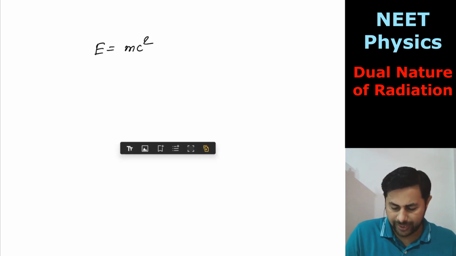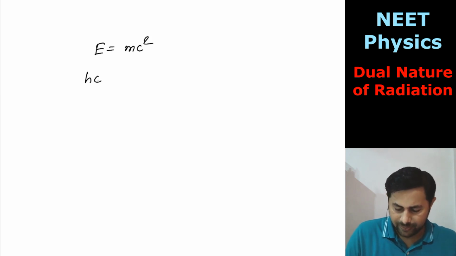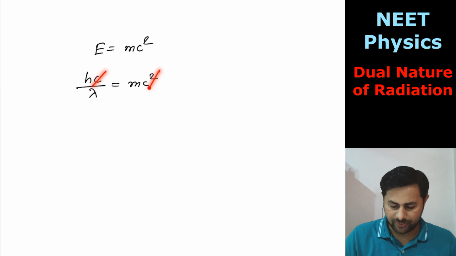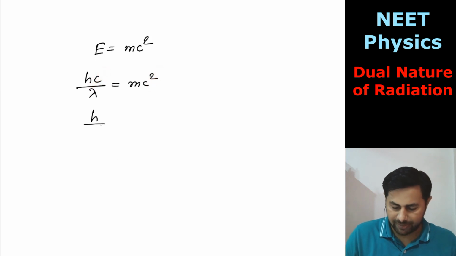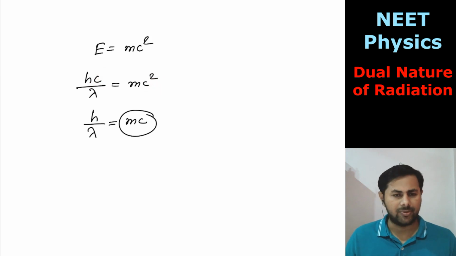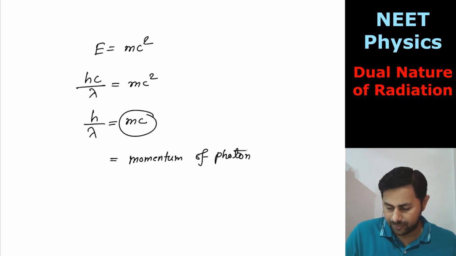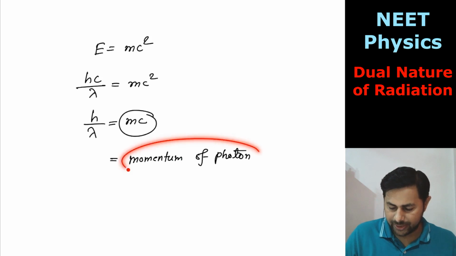So E is equal to hc by lambda, which is equal to mc squared. Then cancel out this c with this one, so you get h by lambda equal to m times c. This is nothing but the momentum of the photon. So that is p.